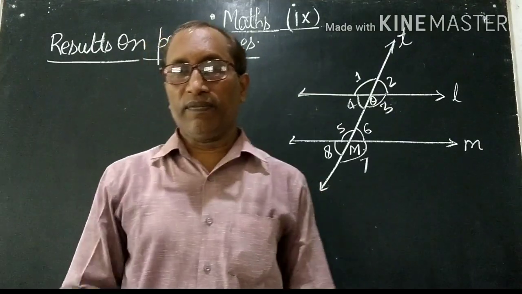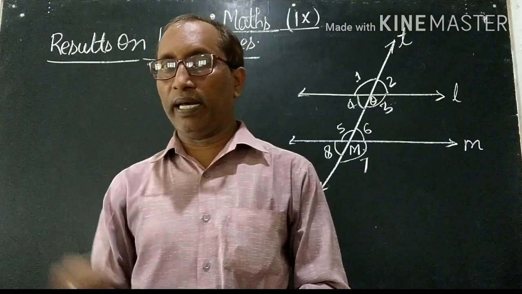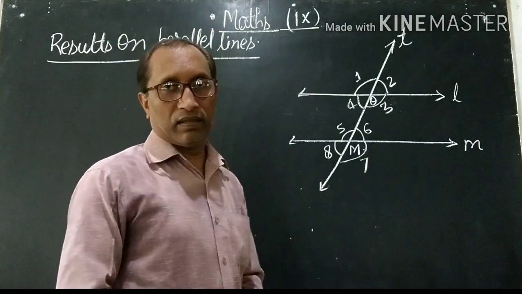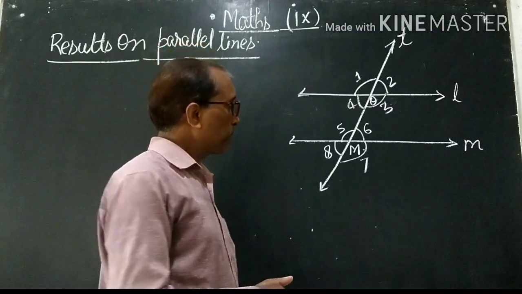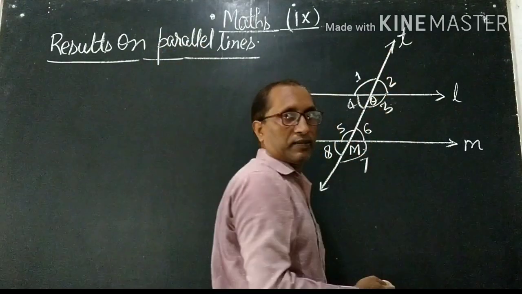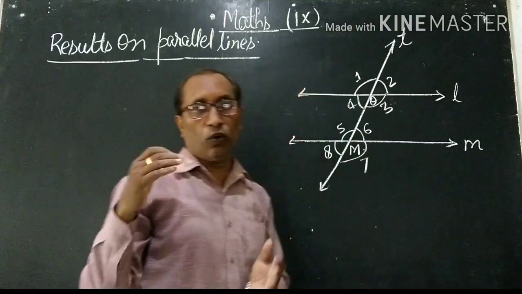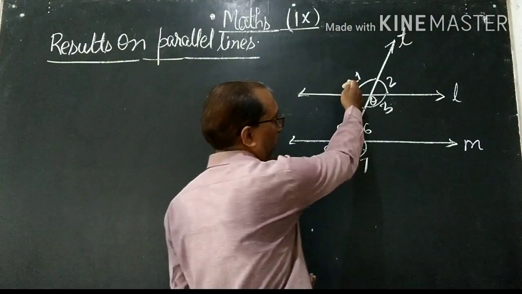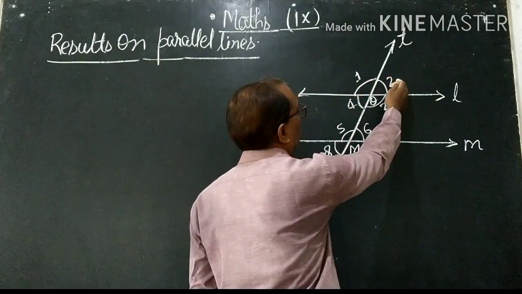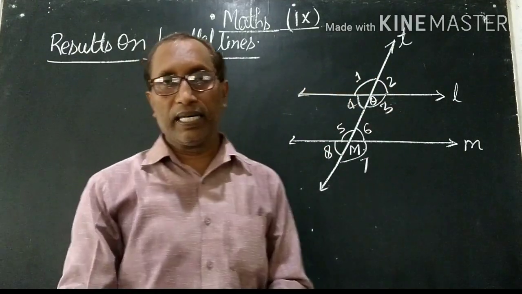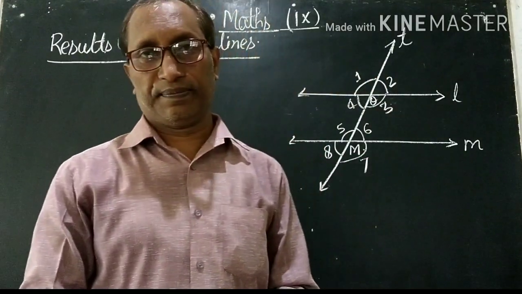There are different names of the angles. Those angles which are exterior to the parallel lines are known as exterior angles, like angle 1, angle 2, angle 7, angle 8 are exterior angles.